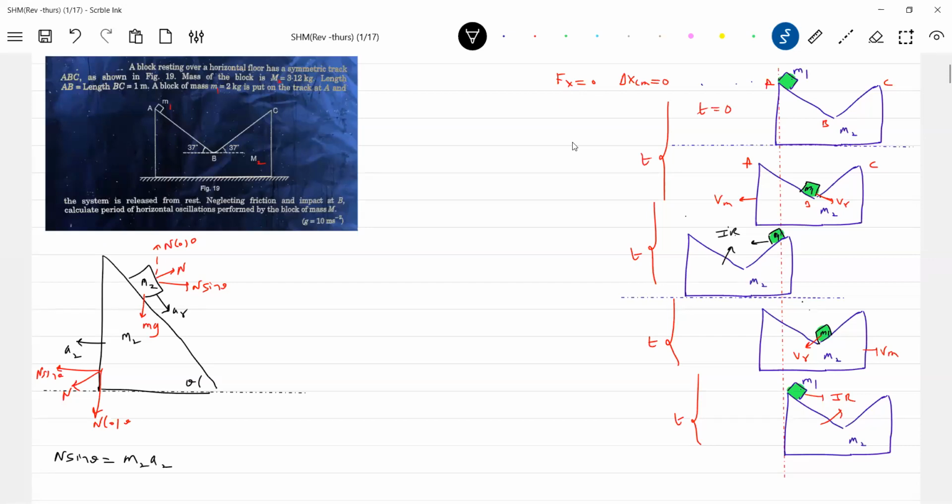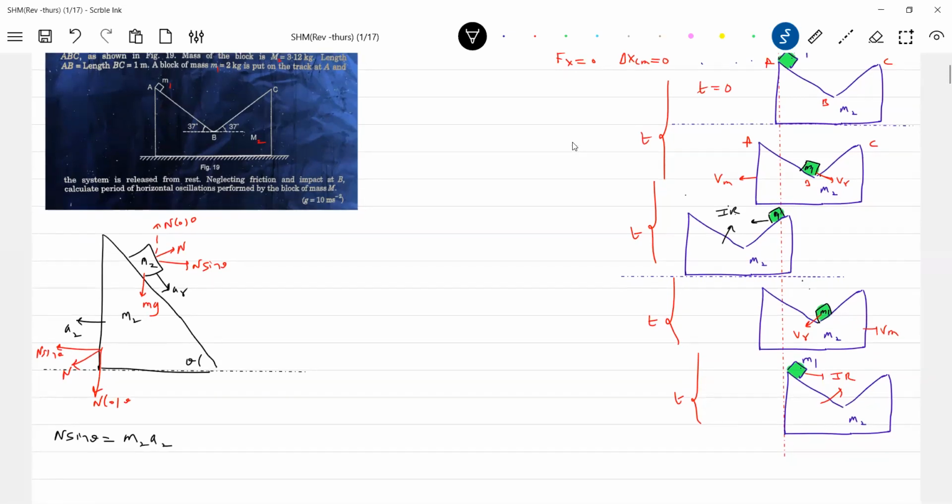If you want, you can write AR or horizontal force. What is the horizontal acceleration of the block? M1 A1x. So can we use the relative velocity formula? AR cos theta equals A1x, with A2 also noticed. Why the negative sign? Anything directed towards the right, I'll take as positive. The acceleration of the wedge will be towards left. What is the acceleration of the block with respect to the wedge?